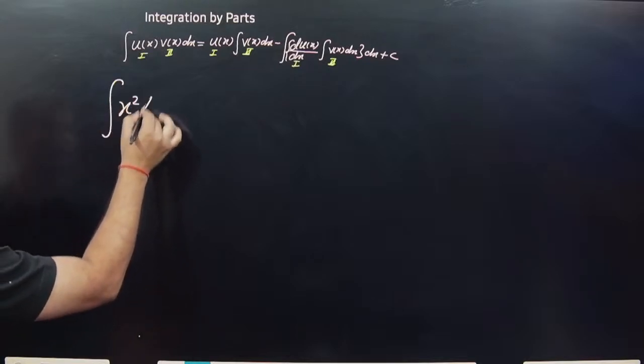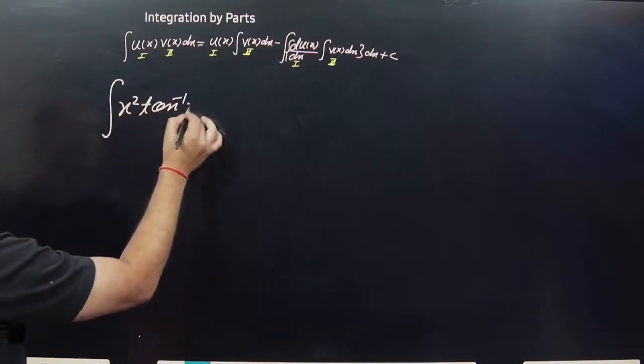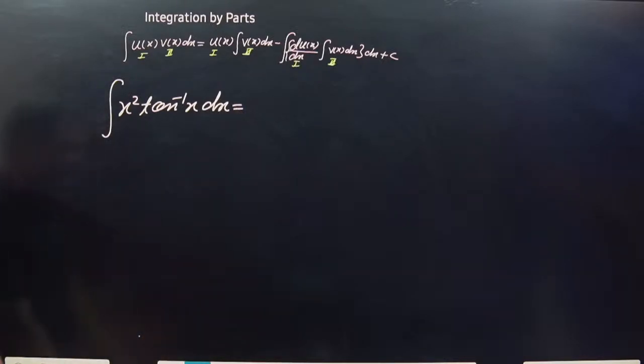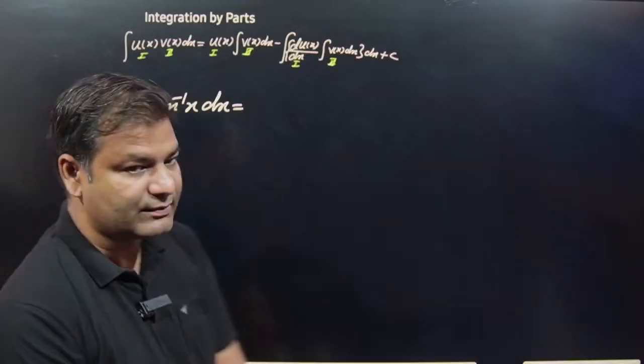Integration of x square tan inverse x dx. How can solve this type of problem? Look here. Which one take first function and which one take second function? Simply look here.